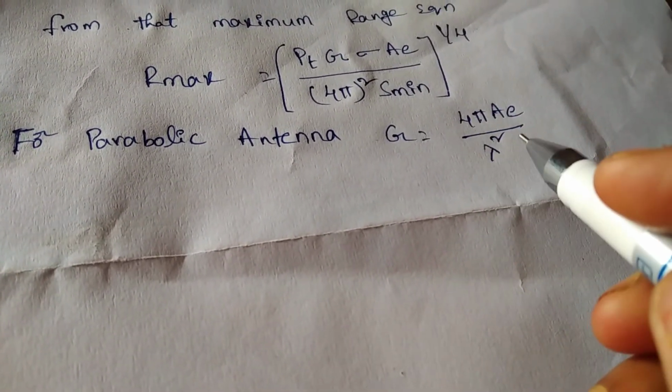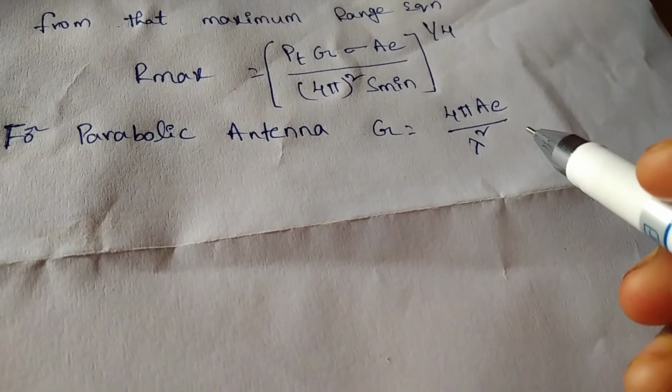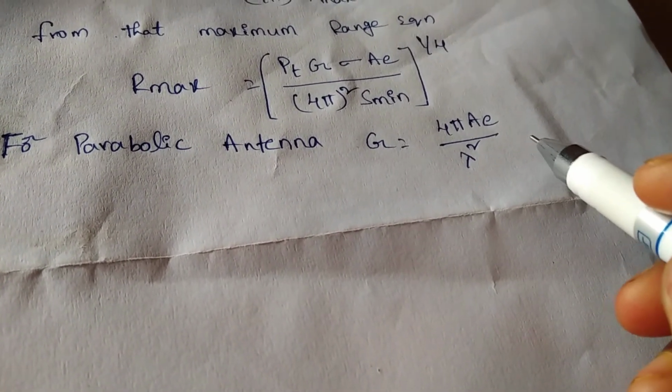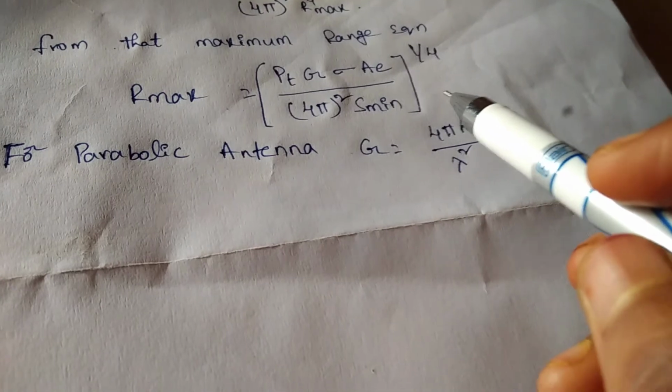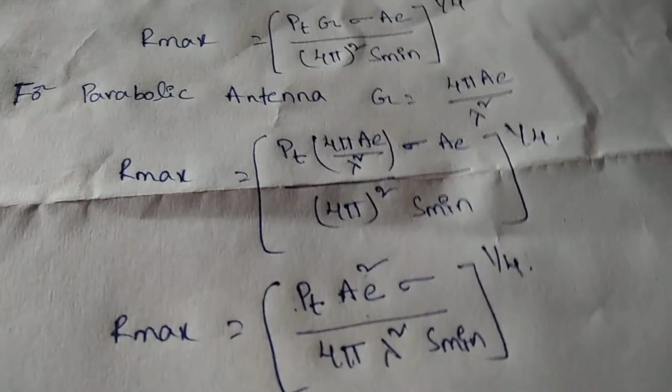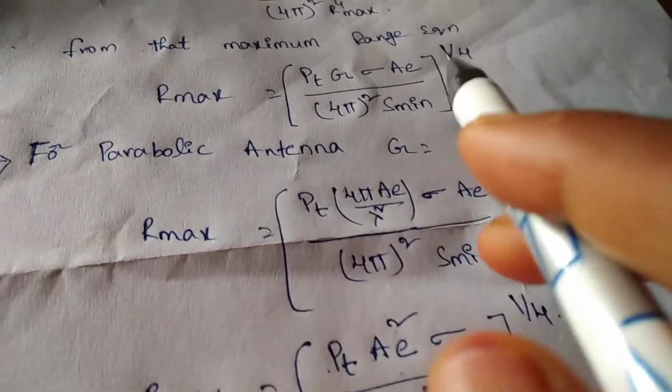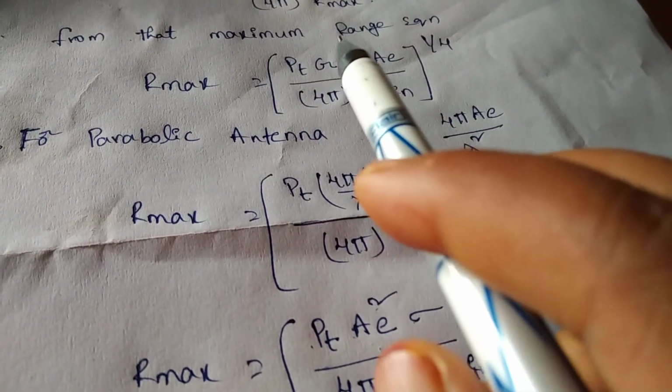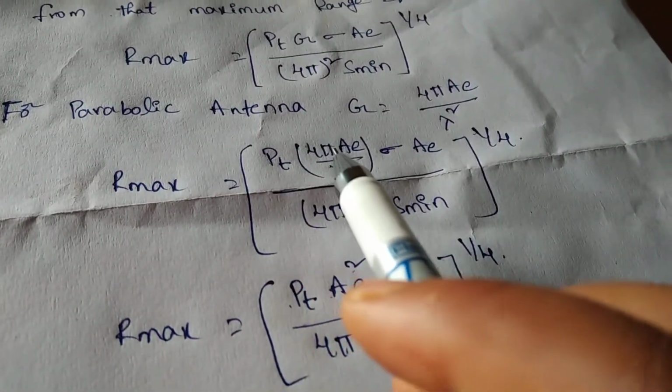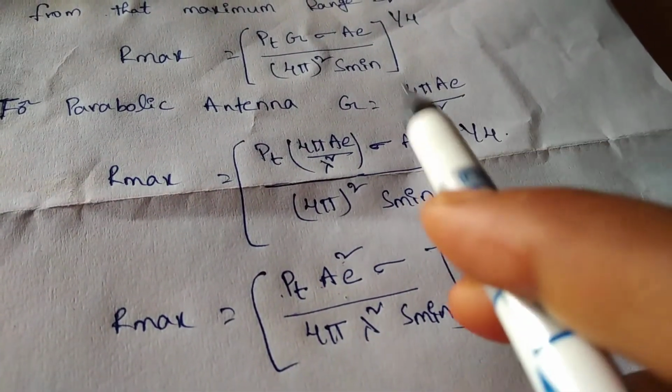If we take this formula and replace it into the maximum radar range equation, we can replace G in R maximum with 4 pi AE by lambda square.